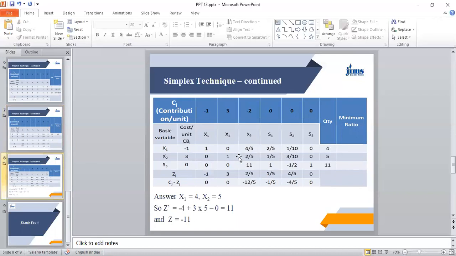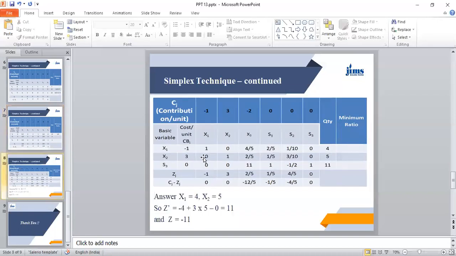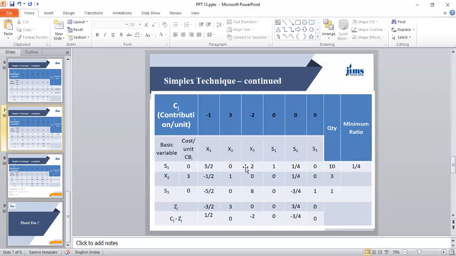Now all the elements in the key column become 0 except the key element. So here -1 by 2 and -5 by 2 will get changed to 0 and 0. Then what will be the value here? 1 will be changed to 1 minus -1 by 2 into 0, 0 divided by 5 by 2, so 1 will remain 1.